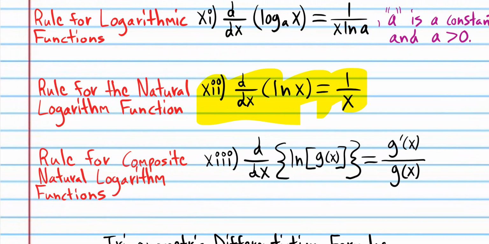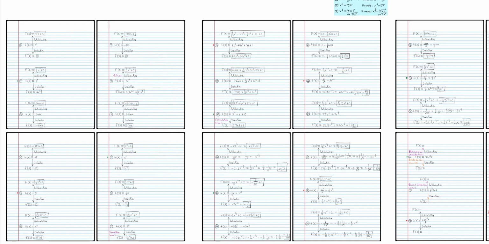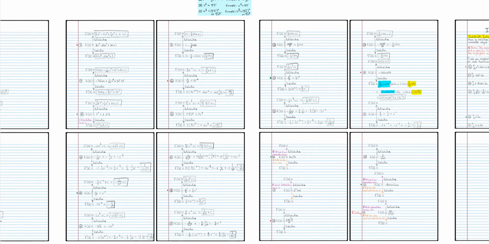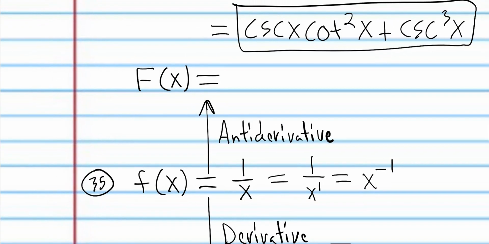So it's a trick. It looks like it's not going to be solvable, but actually it's really easy. The answer is just going to be natural log x. So the antiderivative of 1 over x is just natural log x, and we just have to add a c.